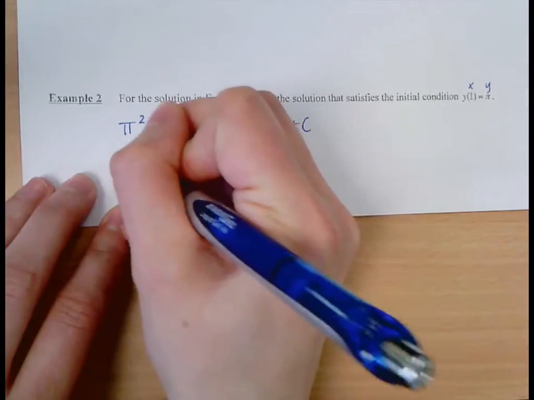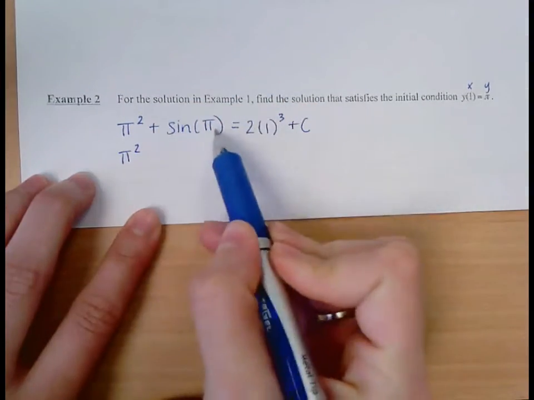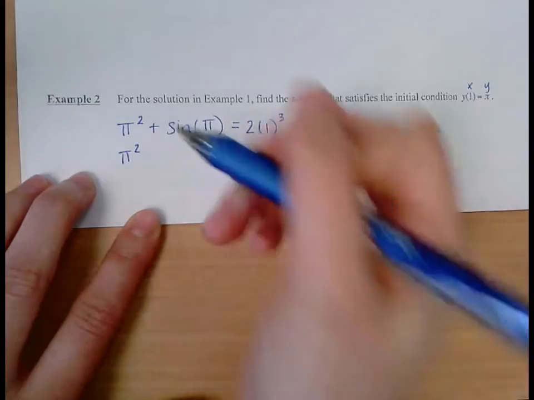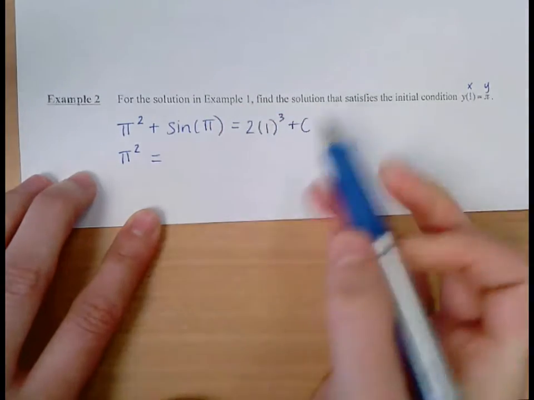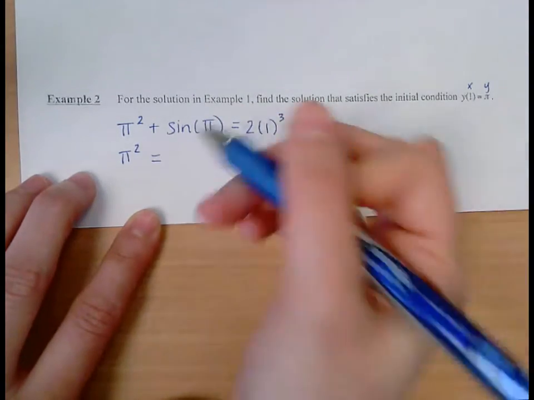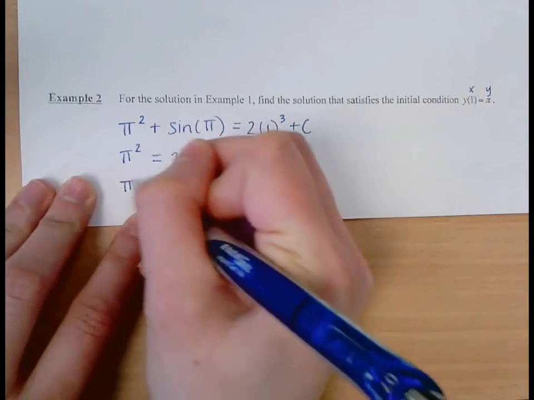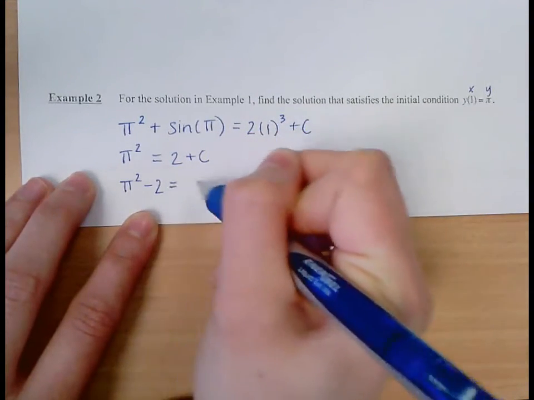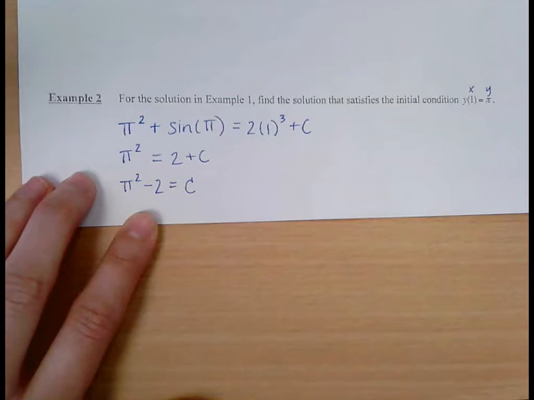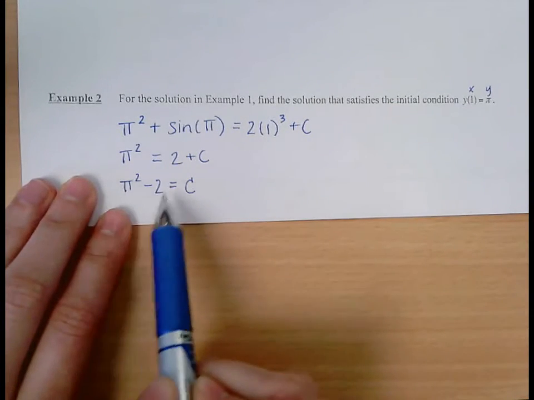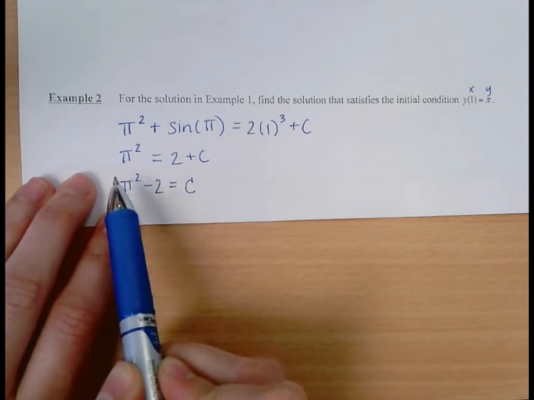So we have pi squared. What is sine of pi? 0. So pi squared equals 1 cubed is 1, so this is just 2 plus c. So if I subtract 2, c is pi squared minus 2. And you would leave c like this.